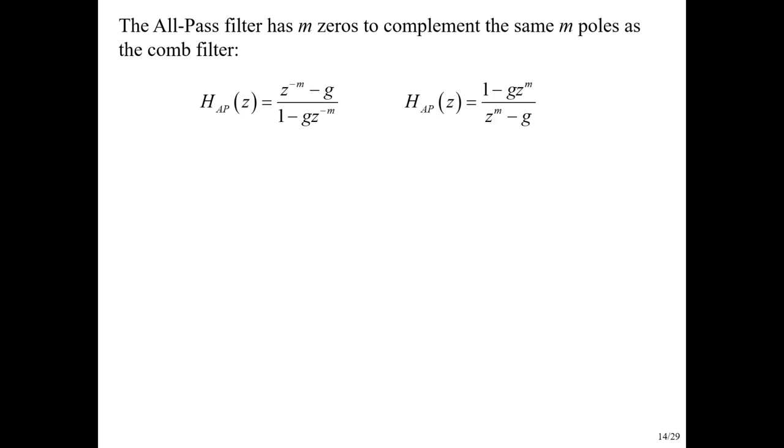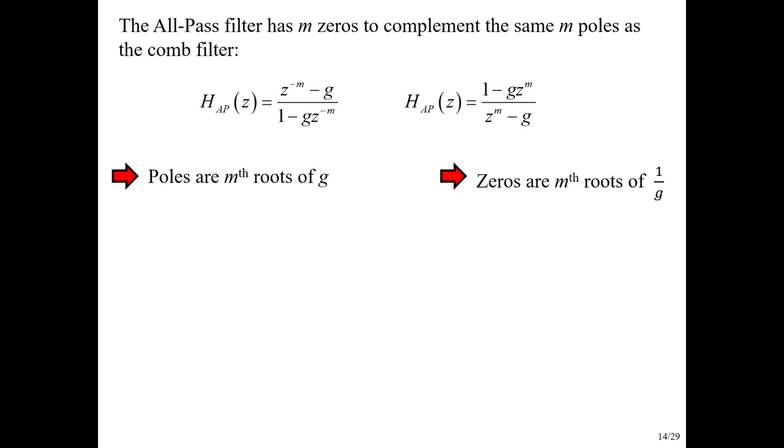So here's our all pass view of this, and I've just converted this from Z inverse form to Z form. I just want to see what the poles and zeros look like, just to get a full assessment of this kind of filter. So the poles, I'm going to set that equal to 0, and so the poles are just the mth roots of g. I'm going to set that equal to 0, and so now we get that the zeros are just the nth roots of 1 over g.